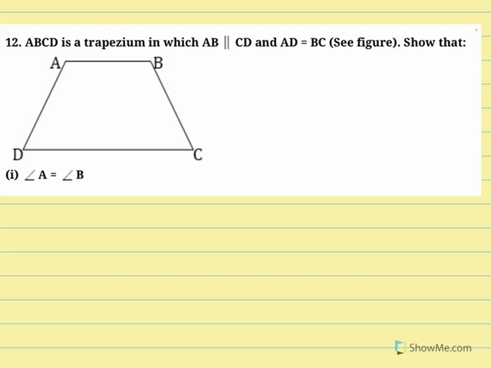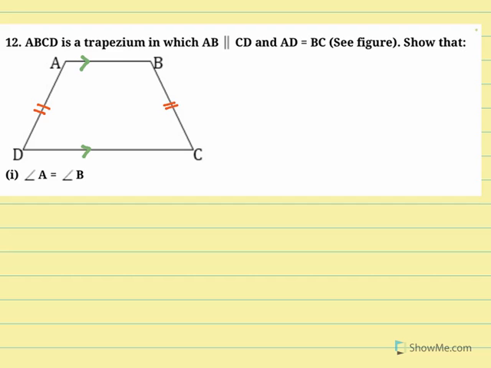ABCD is the trapezium in which AB is parallel to CD and AD equal to BC. We first have to show angle A equal to angle B. So I have AB parallel to DC, and then we have AD equal to BC. Here I need to do a construction.